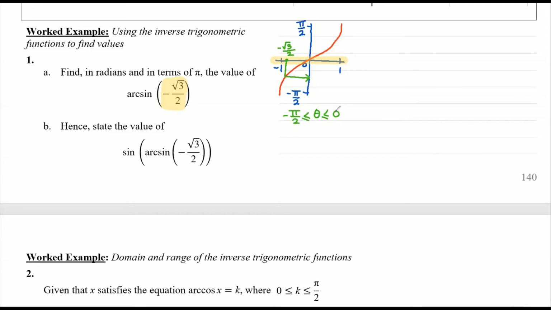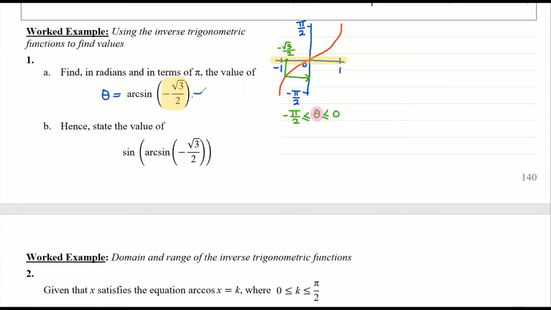Now I've specified a possible label for this angle, theta. We could also write this question in a slightly more familiar way. So if I know the arcsine is negative root 3 over 2, then clearly I could just state that theta would be equal to the arcsine.